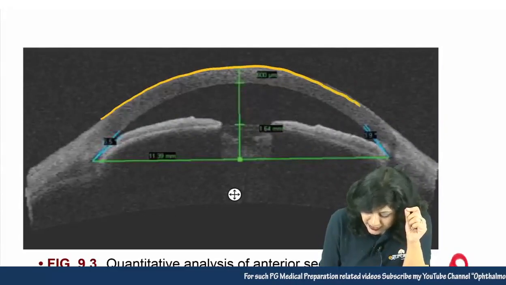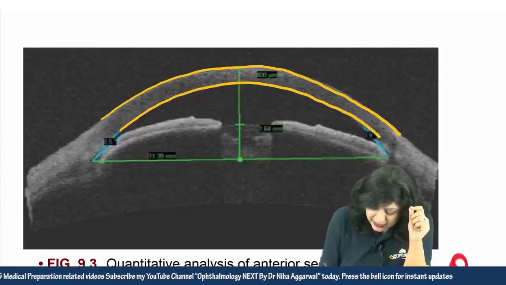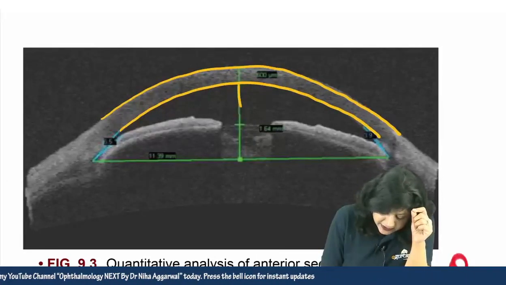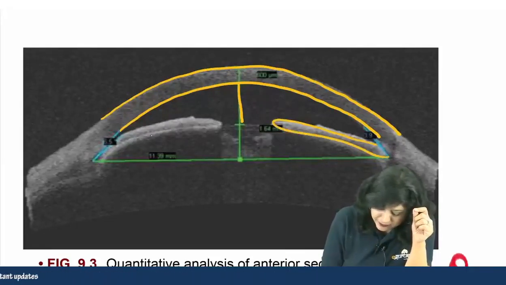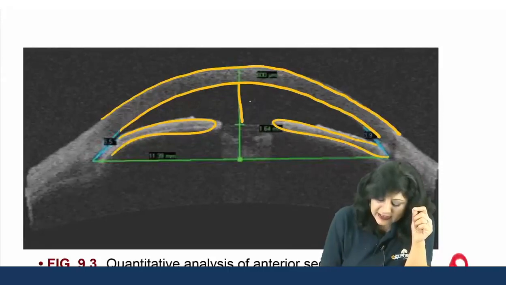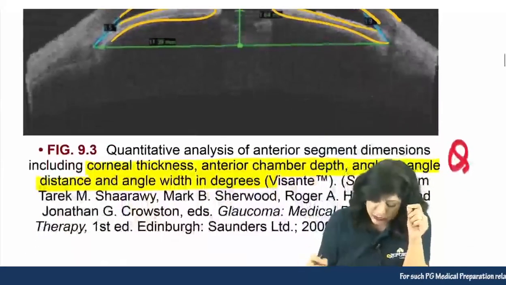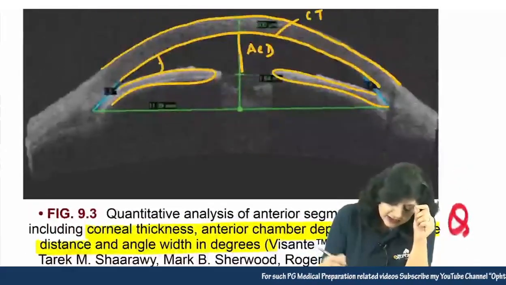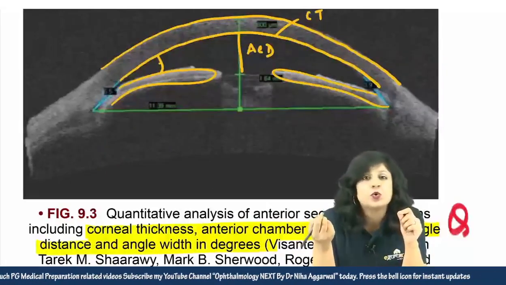Of course I can see the thickness of the cornea, something like this. I can also see the anterior chamber depth. This structure is your iris, can you see? I can see the corneal thickness also, and then I can also see the angle width. So these are the basic things that I can see with the anterior segment OCT.